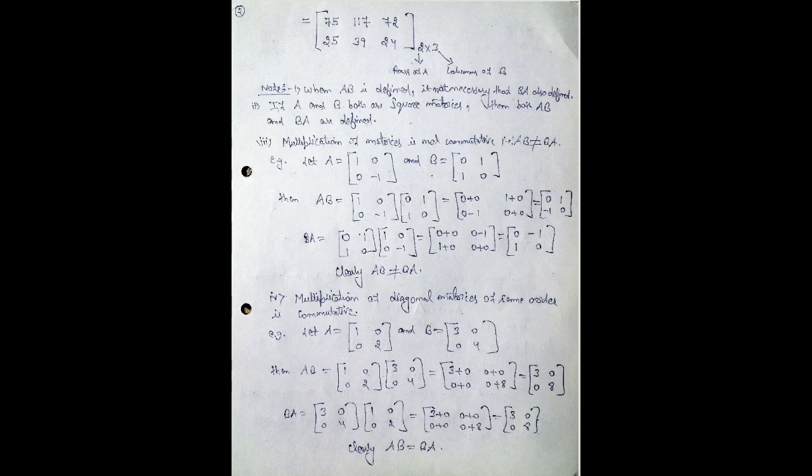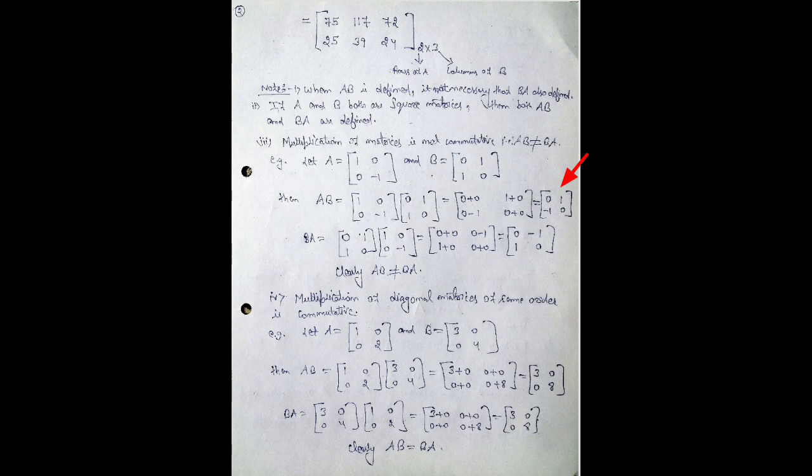The third note is multiplication of matrices is not commutative. It means the solutions of AB and BA are not equal. For example, we take two matrices A and B. If we find AB, then we get the resulting matrix with entries 0, 1, -1 and 0.